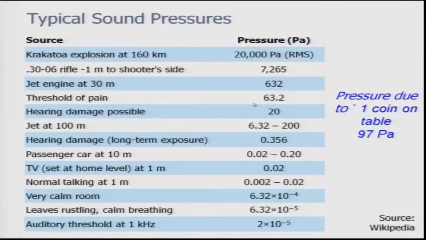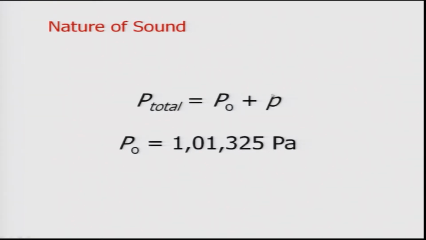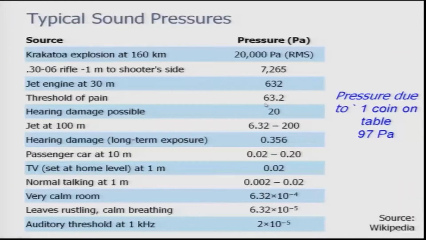So, these are very small sound pressure levels. This value of P is extremely small. So, our microphones, our ears are designed in such a way that they can sense very small pressures. One final example to give you an idea what type of pressures we are talking about.